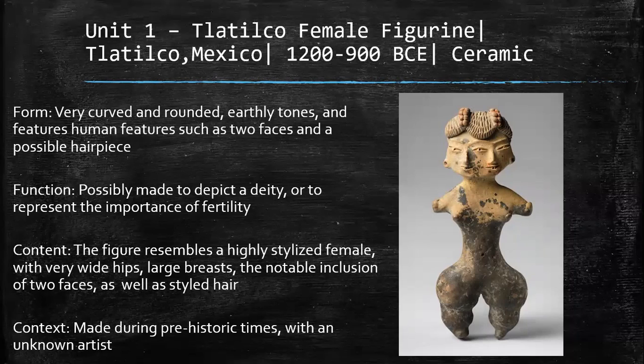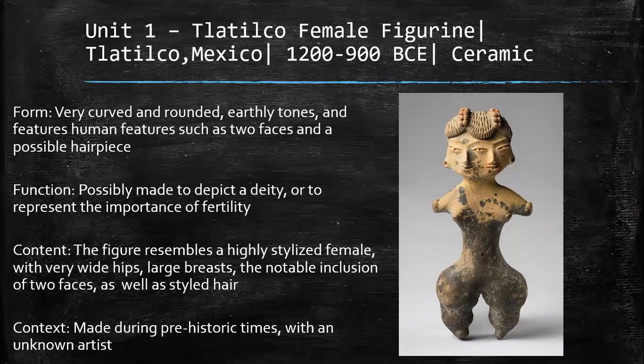With this female figurine, you can see she has two faces, she has very stubby arms, but she has very wide hips and very noticeable breasts. This wasn't completely intentional, because she is supposed to represent fertility and birth, and some art historians think she maybe represents a deity of sorts, given the two faces and the hairstyle she has.